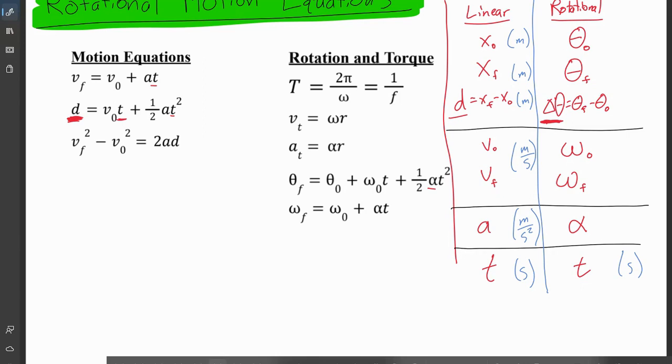Radians in your calculator are only used for sine, cosine, tangent, which we're not going to be doing. All we're doing is adding and subtracting and dividing and whatnot. So these are in radians. A meter is like a radian in this conversion here. So angular velocity is in radians per second. Angular acceleration is in radians per second squared.